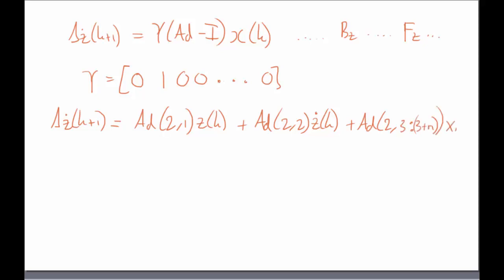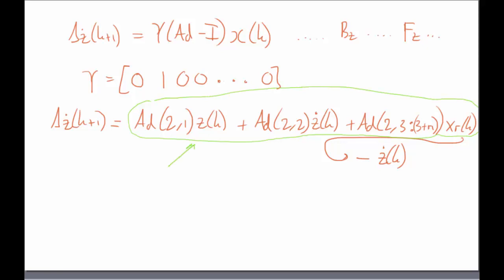So now we can see that this is just the top value here, the AD minus the identity matrix here, written as AD 2 of 1. So that's row 2, column 1, multiplied by the displacement. And then you've got AD 2 of 2, which is the velocity value.